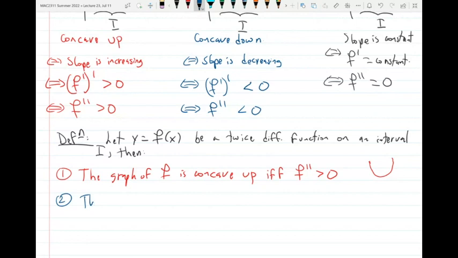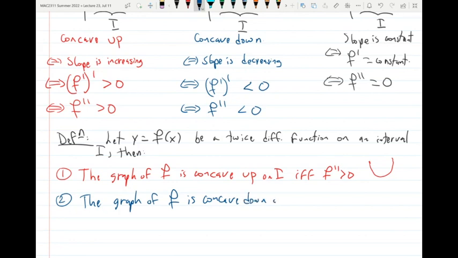And the graph of f is concave down on I if and only if, what's the condition? The second derivative is negative. And this is the shape.